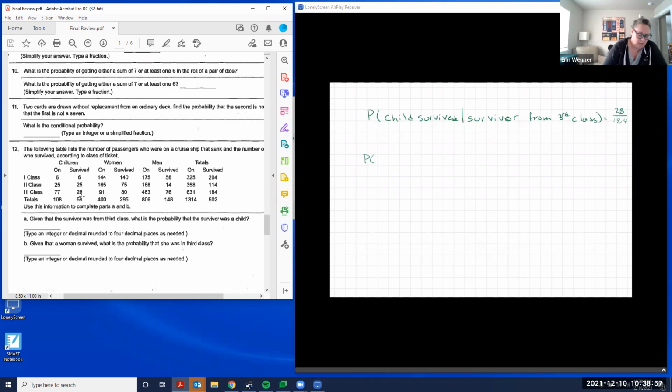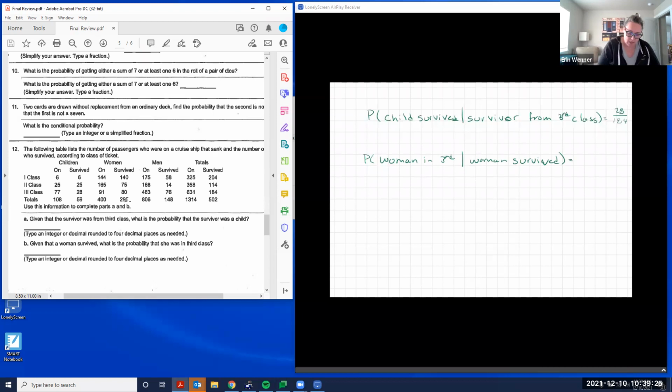What is the probability woman in third class given woman survived? So now we're looking at all women who survived, because that is what is establishing our group, our population.